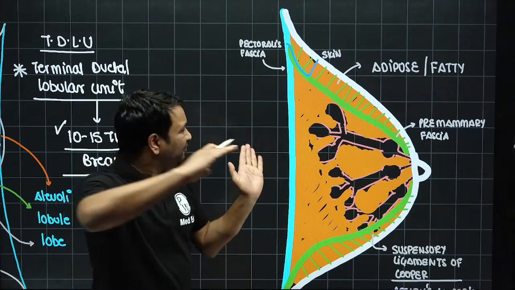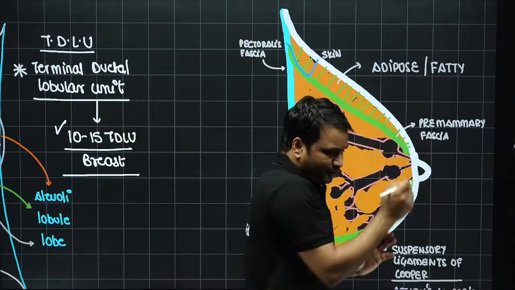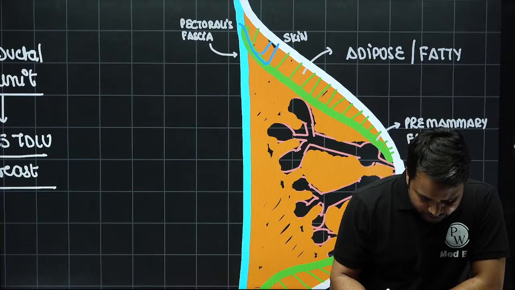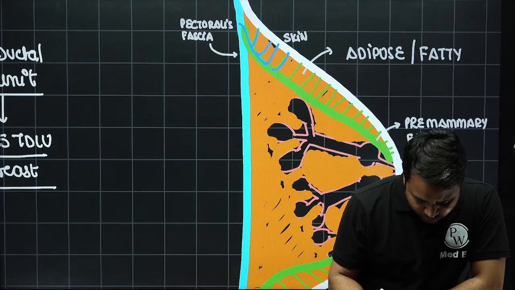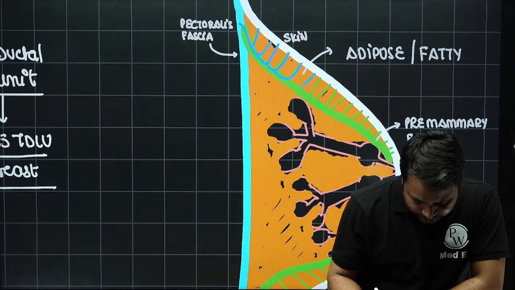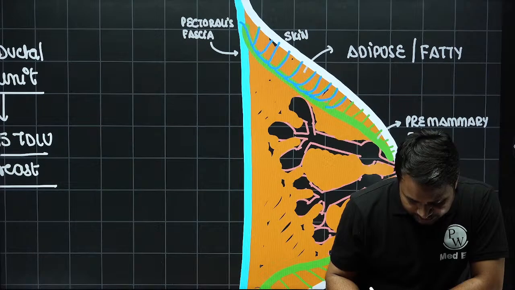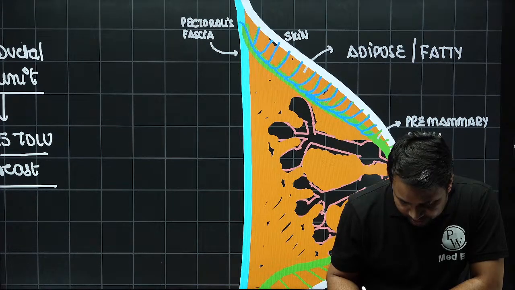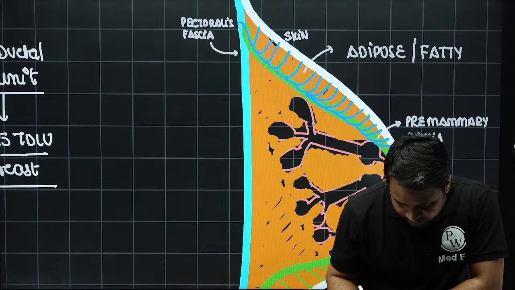So premammary fascia is actually an amalgamation. If you look very carefully, now there's a beautiful depiction. You see all these suspensory ligaments of Cooper, they all merge together. This merging of the suspensory ligaments of Cooper is what we call the premammary fascia.